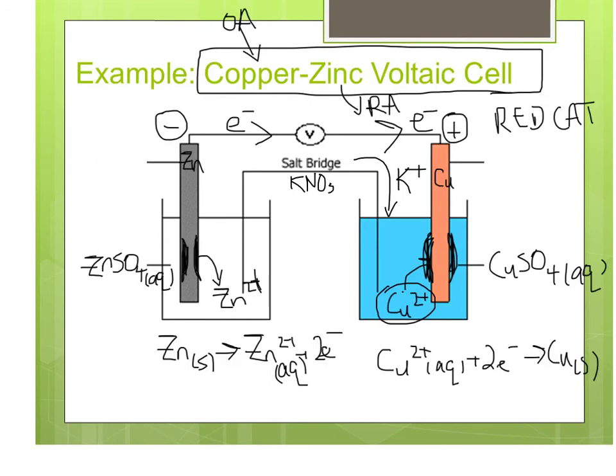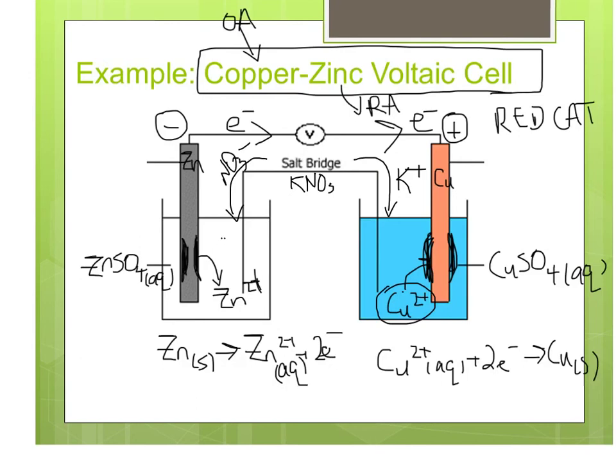Similarly, on the other side, we are depositing positive ions into the solution. So to neutralize that charge, the negative ions of our salt bridge are going to flow that way to make sure that those charges do not become too unbalanced.